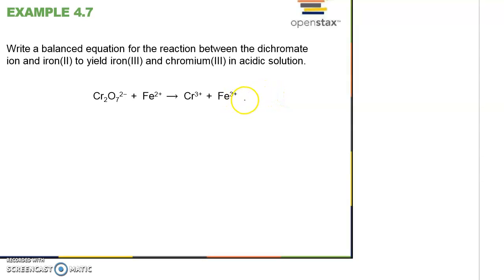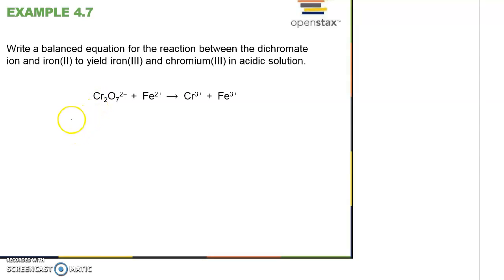In this case, it must be in an aqueous solution, either an acid solution or a base solution. Let's try to balance this equation. The first step is to write this equation into two half reaction equations.